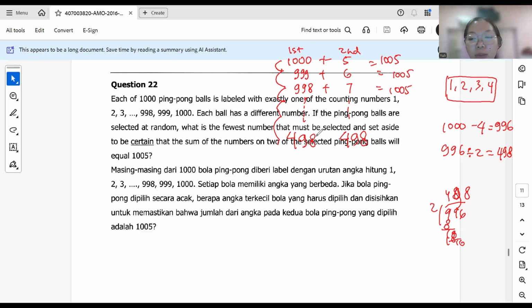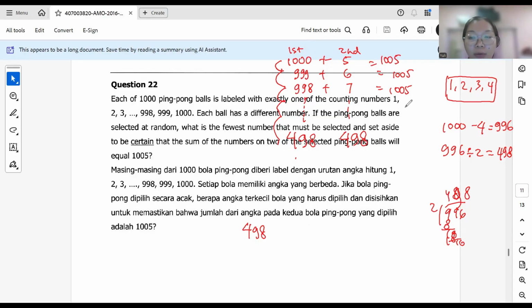So we think about the worst case scenario. The worst case scenario is every ball that you take is going to be in the same group, which cannot be paired. So, for example, you take 498 balls, and the worst case scenario is all the 498 balls that you take came from the exact same group. That is the worst case scenario.